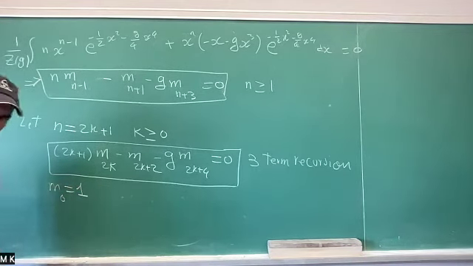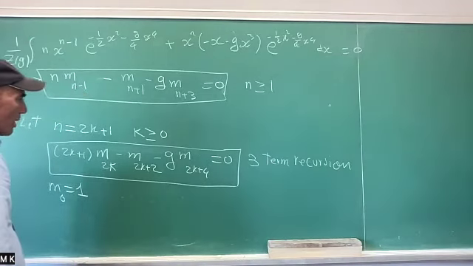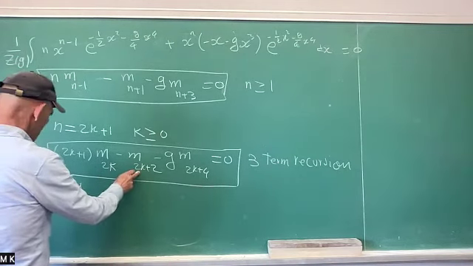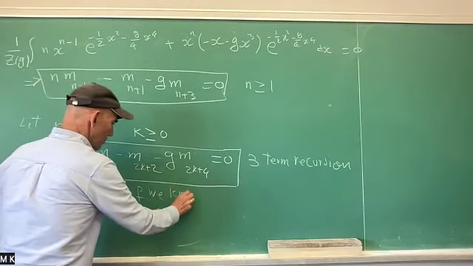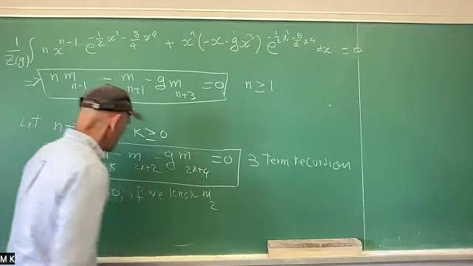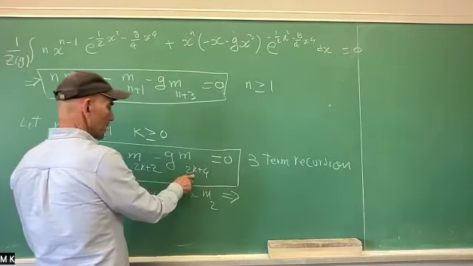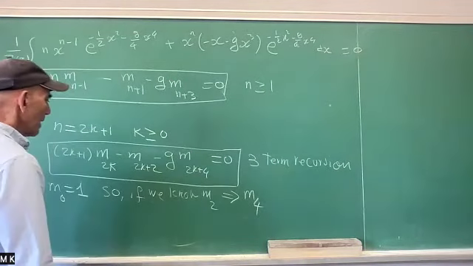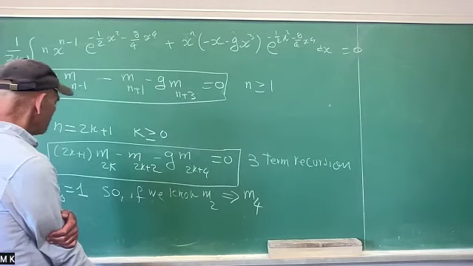So if we know m2, then we can compute m4 from this, because still k equal to 0, we get m4.